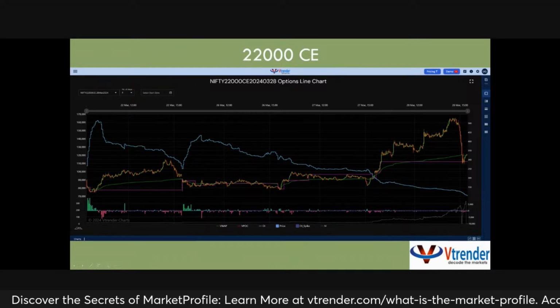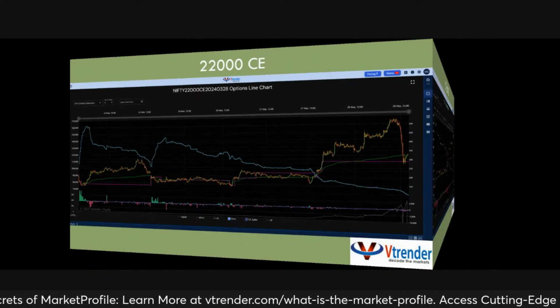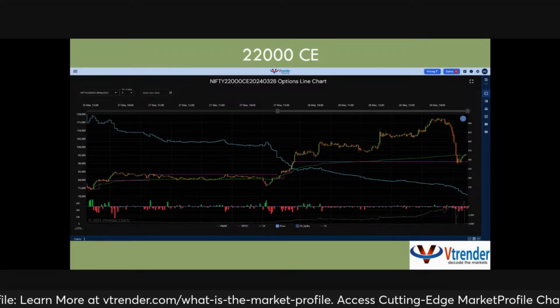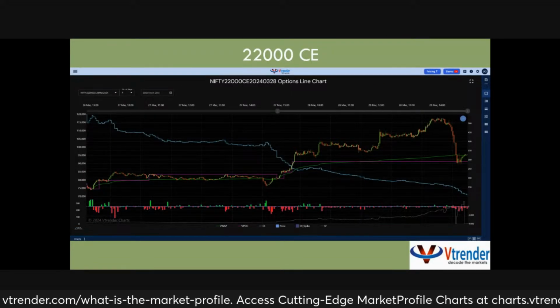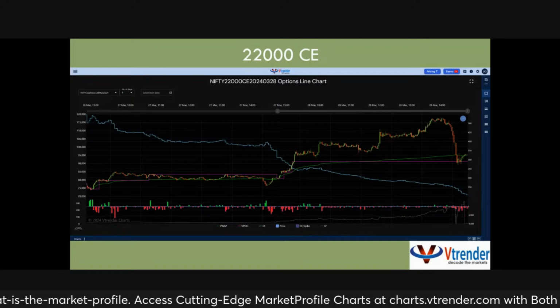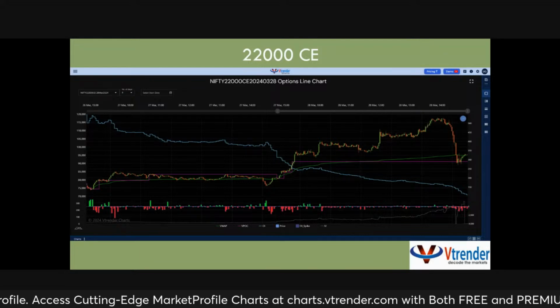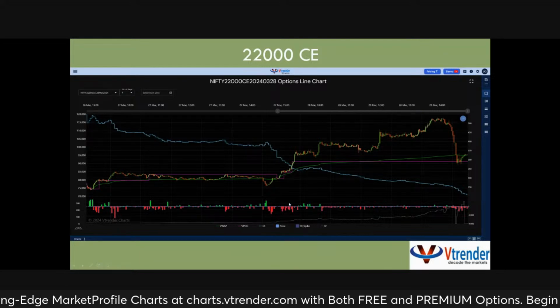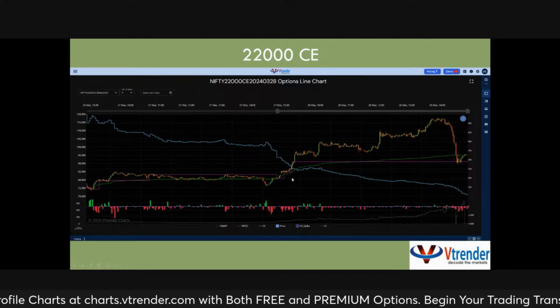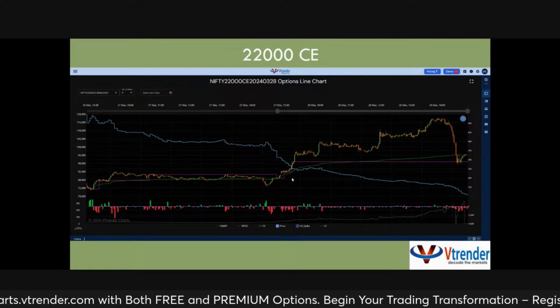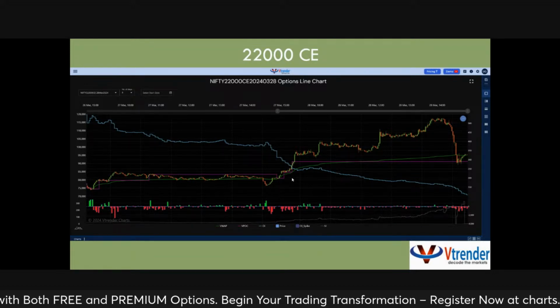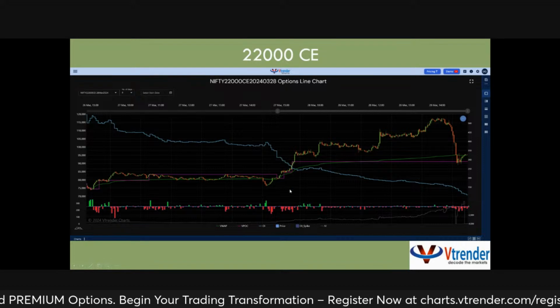So after this, if we look at the 28th March auction, which is there on your screen right now, we have the 3-day auction, but we are focusing on the 28th March auction. So the open type in this was a drive up. We had an open test drive in the futures also.